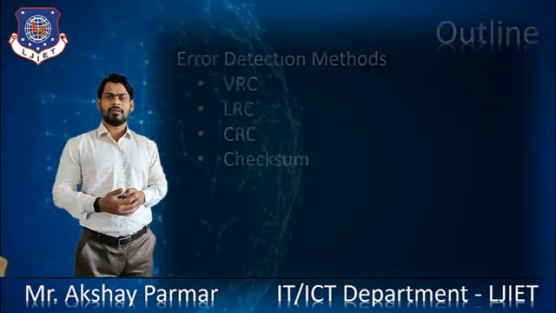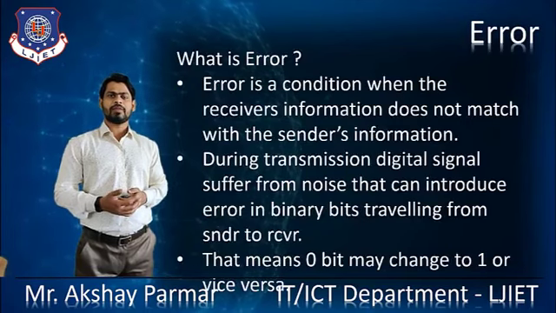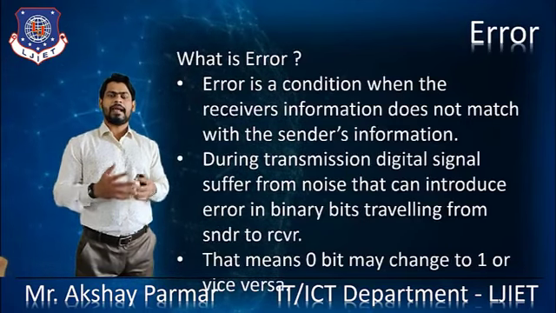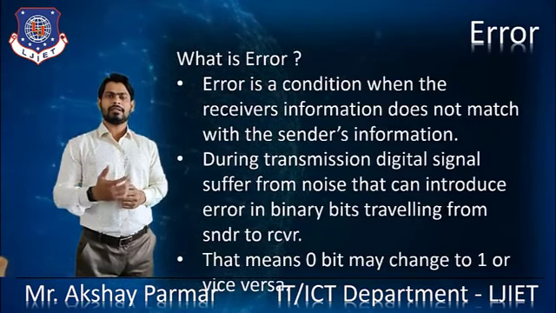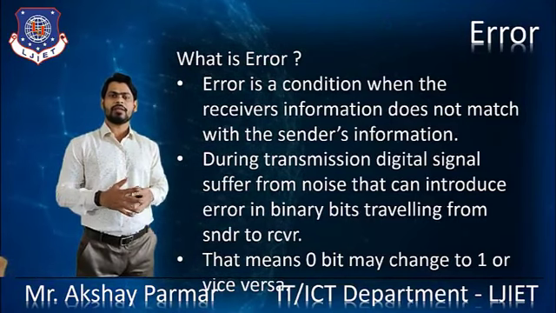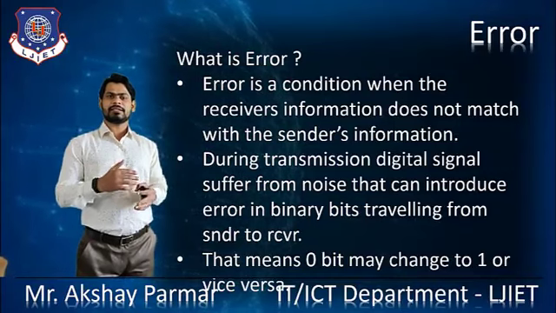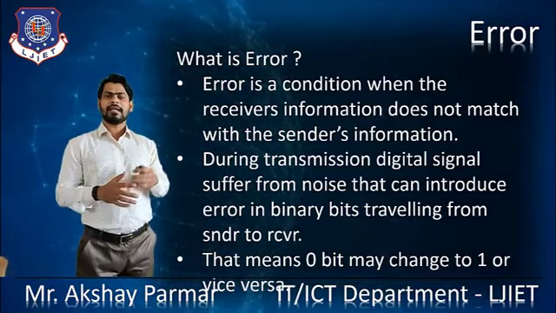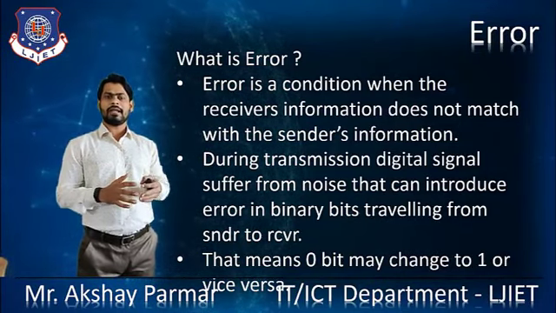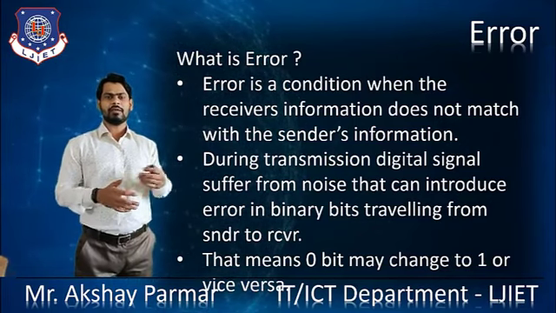So what is an error according to you? Error is a condition when the receiver's information doesn't match the sender's information. During transmission, digital signals suffer from noise that can introduce errors into the binary bits traveling from sender to receiver.